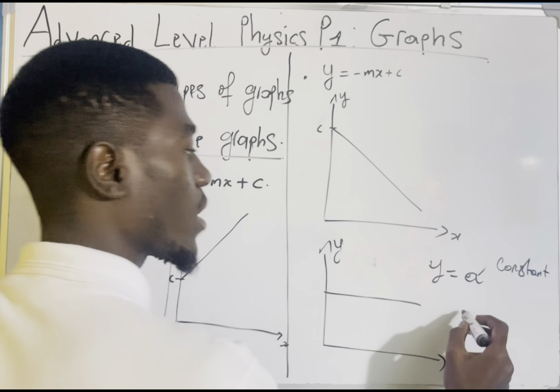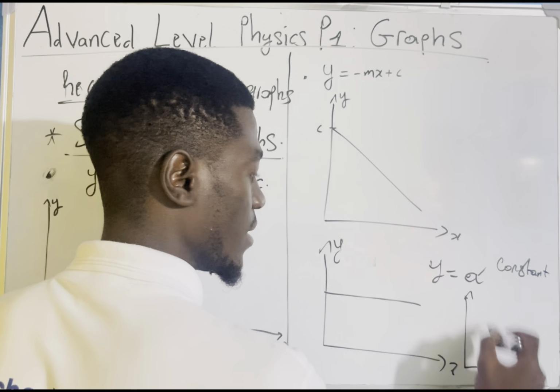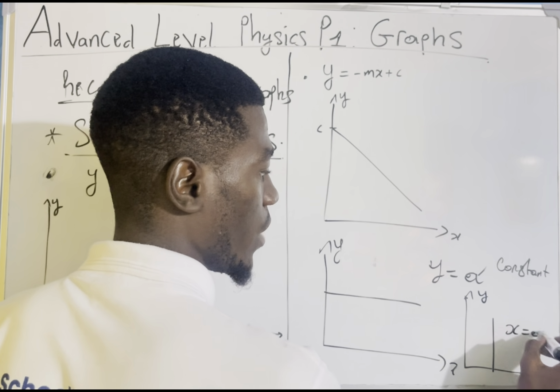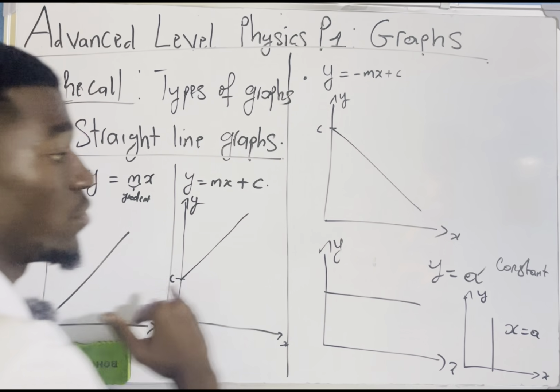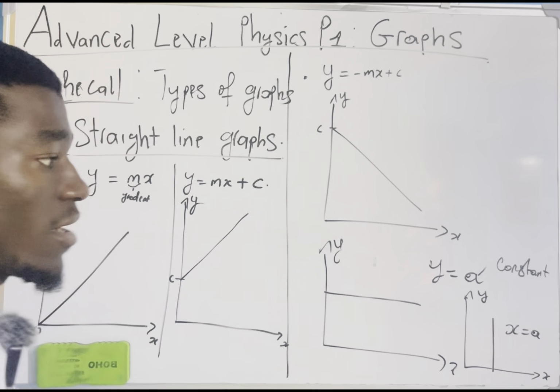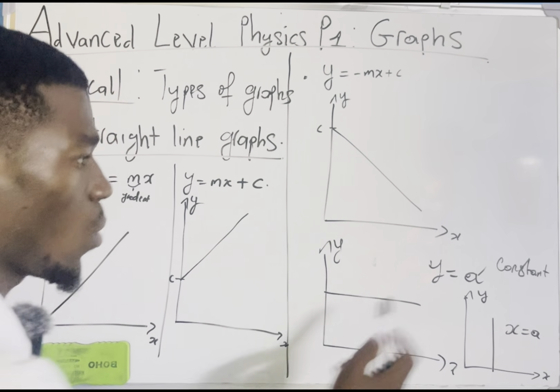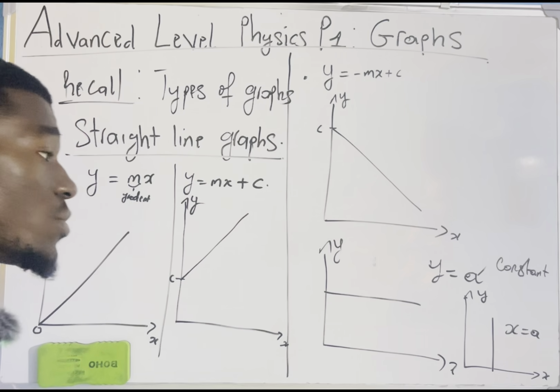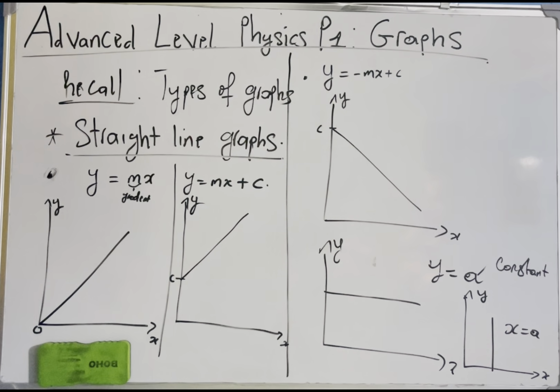You can still have another one like this, with x and y, but here now x equals a. So you can have a horizontal graph and a vertical graph. y equals a is a horizontal graph, and x equals a is a vertical graph. So these are the different straight line graphs that you can see in the coming paper 1.